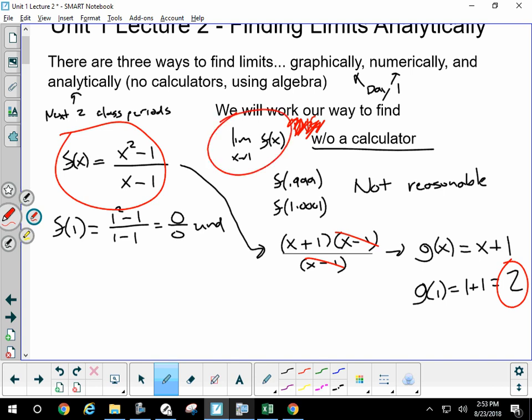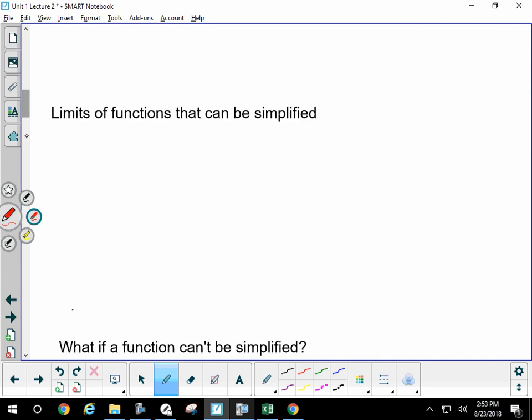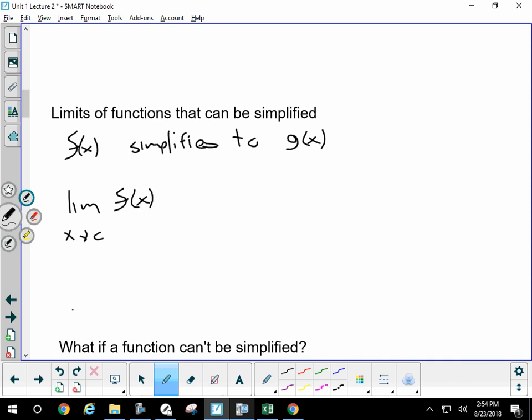function. Okay, so we say if you have some function and it simplifies to some other function, and you're trying to find the limit of f, but you can't find the function value of f, instead, look at the limit of g.